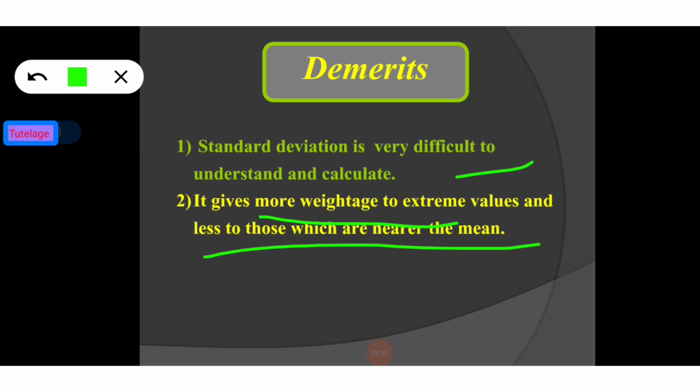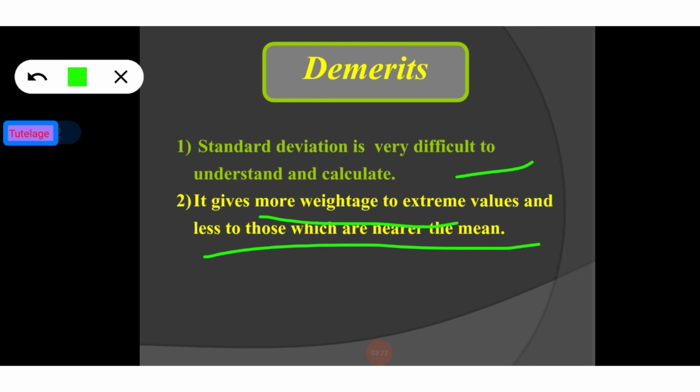There are two types of values in the series. First, there are extreme values, and then the nearer values, which are nearer to the mean. Standard deviation basically gives more weightage, more power, to the extreme values.